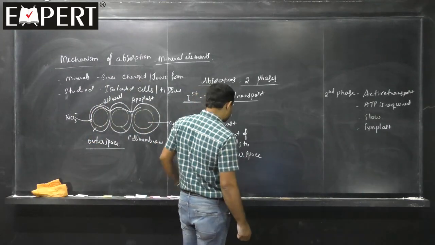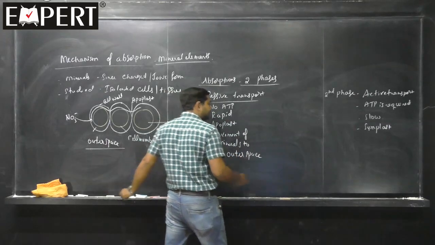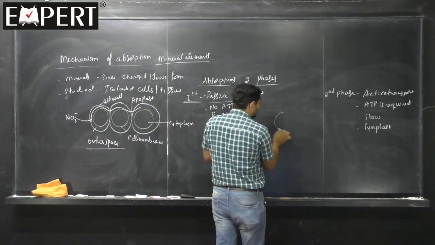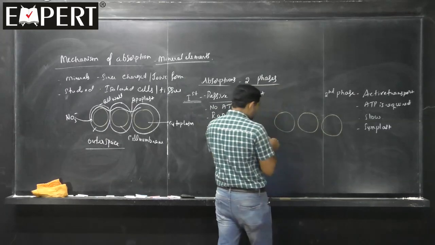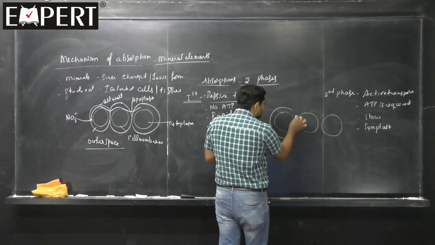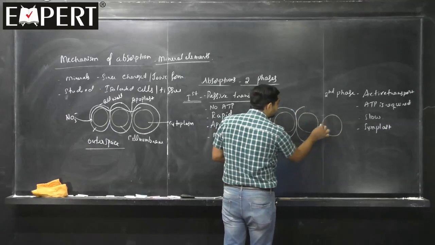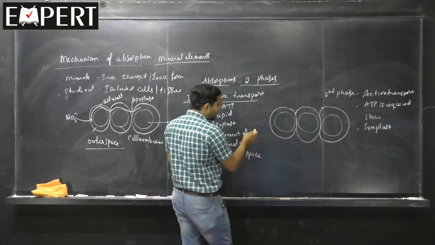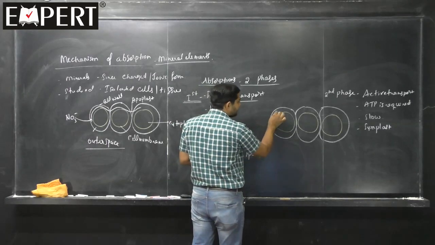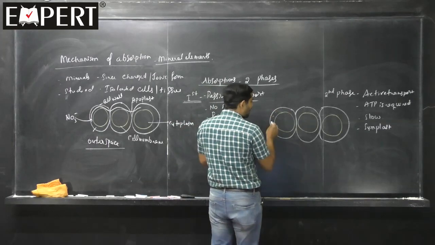After the first phase, then what happens? Let me take it quickly. Cell membrane I have taken. Cell wall also, let me draw it now. Already the minerals are present here, they are moving by apoplast.